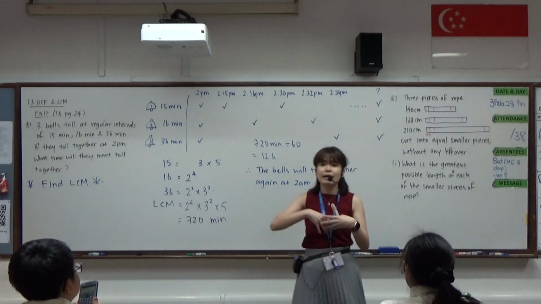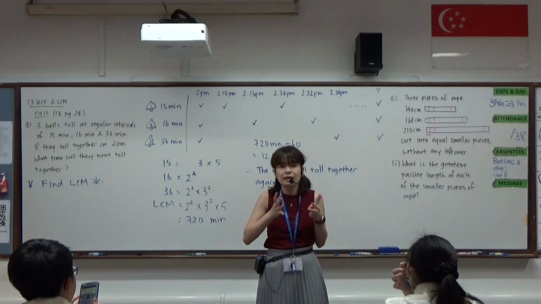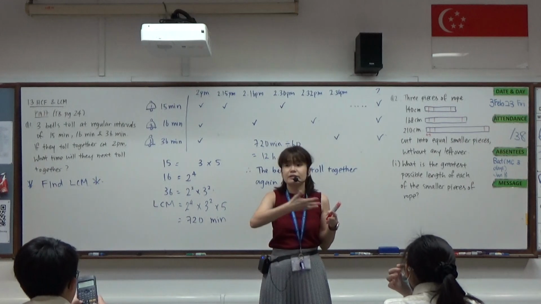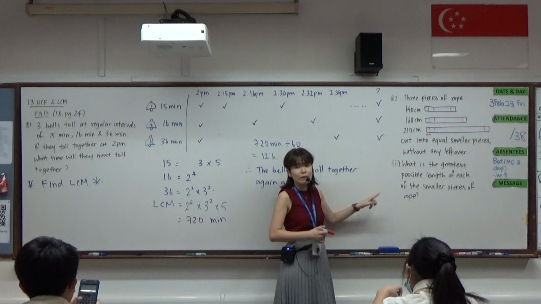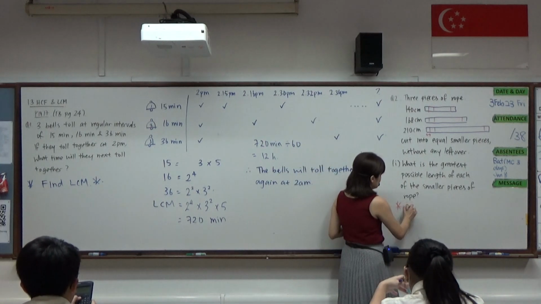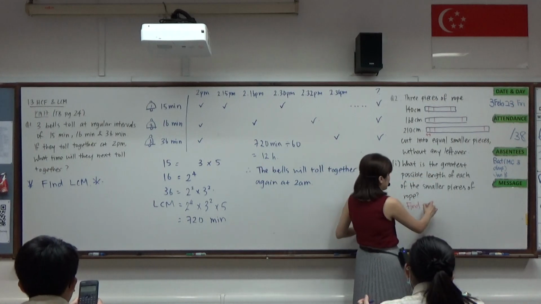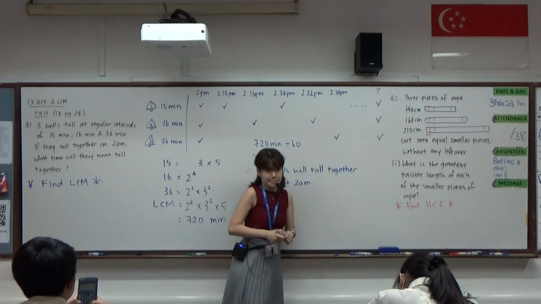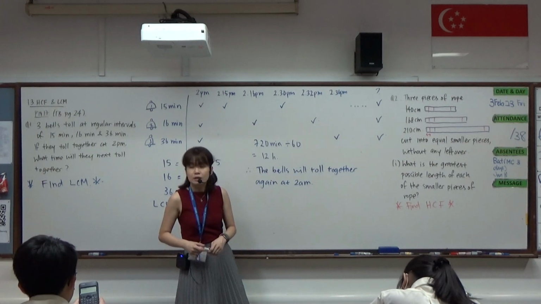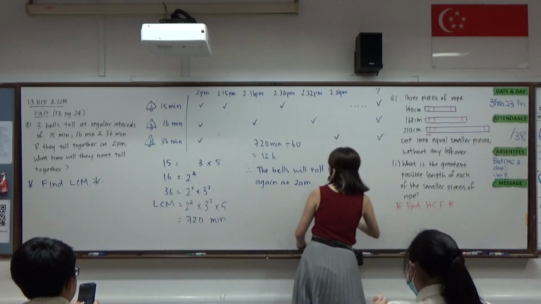Just like if I have $140 and want to divide equally to everyone, that is a factor. So what we're looking for is a factor, and we want the greatest possible length, so the highest common factor. Questions? Understand that this one is looking for a factor.